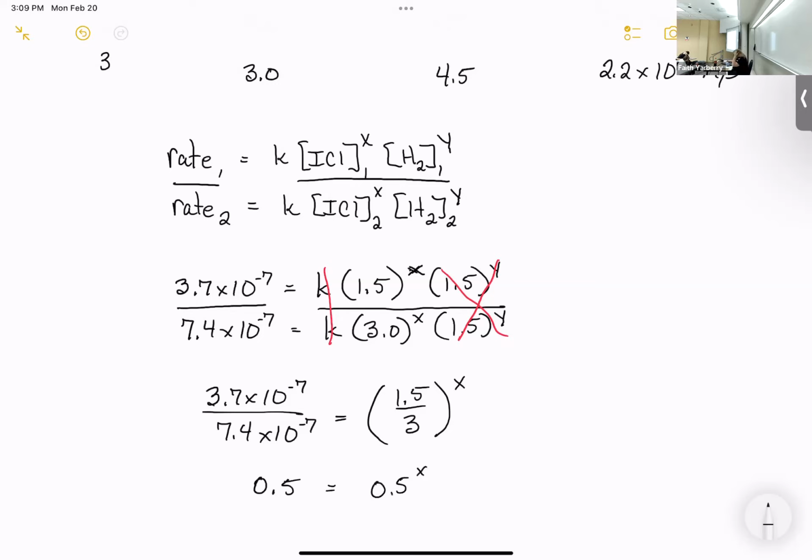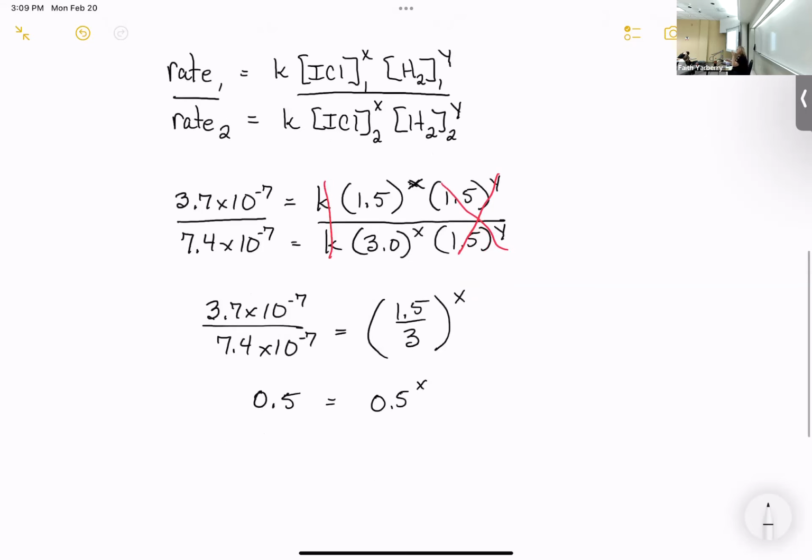Now, this one should be fairly obvious, because anything raised to a power of 0 is 1, and anything raised to 1 is itself. But if it's not obvious, you can solve it by taking the natural log of both sides.